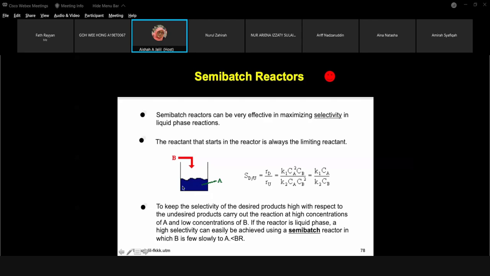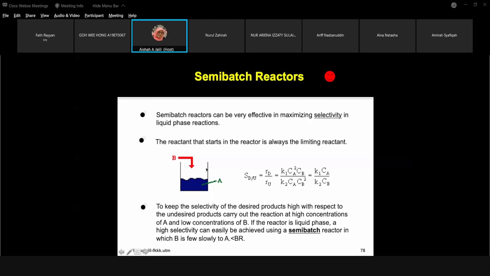What is the batch reactor? Batch reactor is, for example, A to B. So the A is put inside the batch reactor from the beginning until the end. For example, if A to B, until all the A converts to B, or A to C until all the A converts to C.